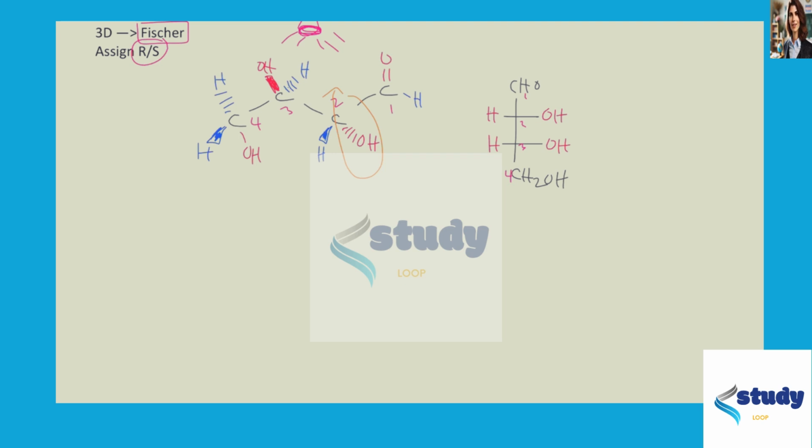Now let's figure out the R and S configuration. For carbon 2, this would be priority 1, and then we have priority 4 right there. And then we have a carbon right here and a carbon right here, but this CHO would be your priority number 2, and this would be priority number 3.